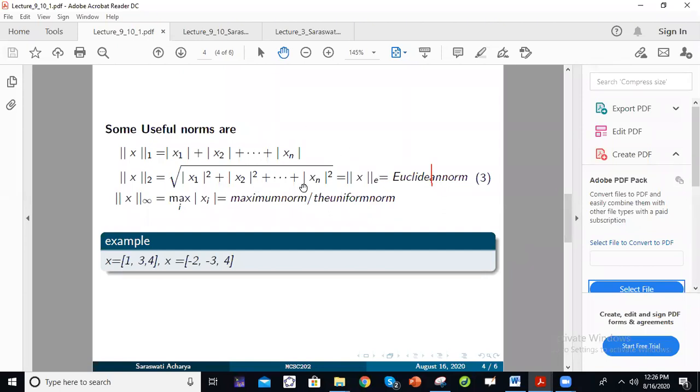How can we find the Euclidean norm? It is the square root of x1 squared plus x2 squared plus up to xn squared. We usually use the Euclidean norm.